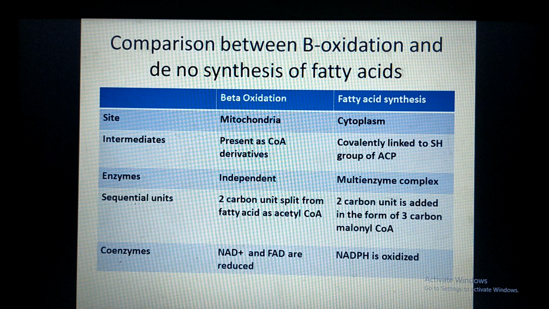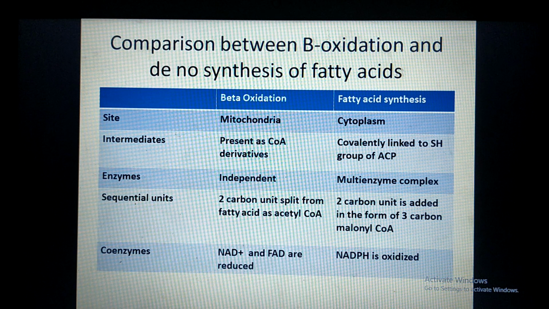Whereas in the fatty acid synthesis pathway, the length of the fatty acid is increased by 2 by addition of malonyl CoA, which has 3 carbons. Why? Because 1 carbon dioxide is removed at every step.